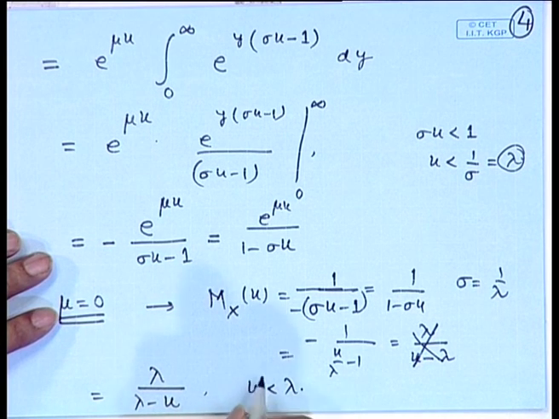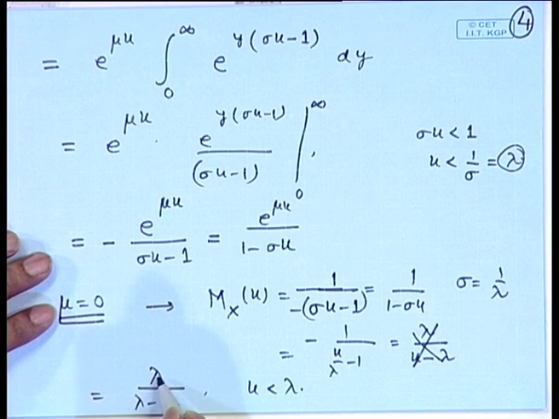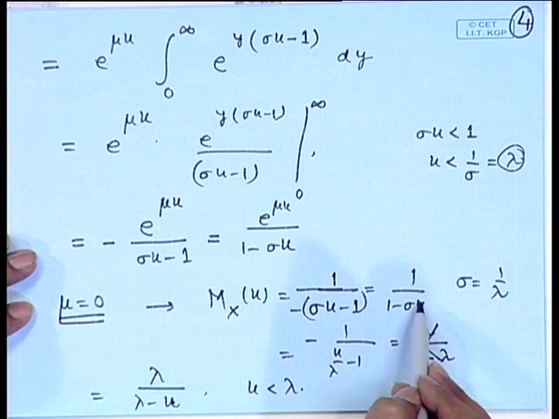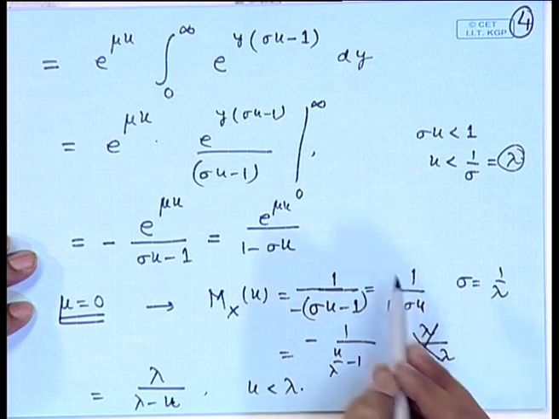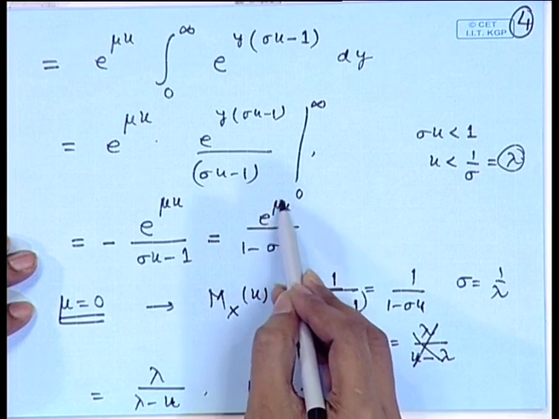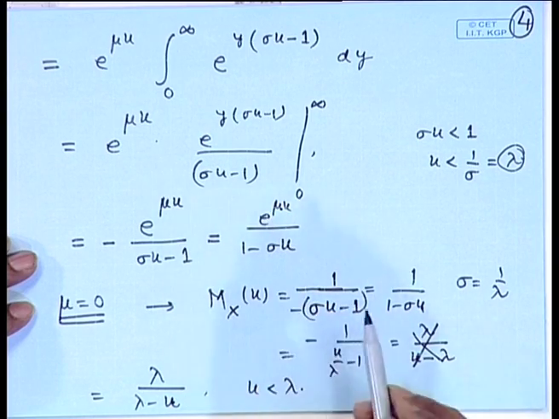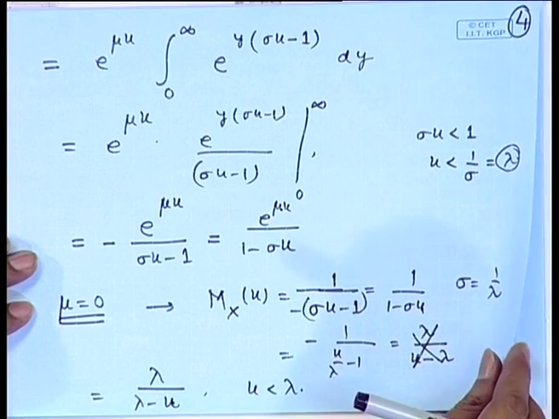So, the moment generating function of an exponential distribution, when we consider the original form, that is waiting time starting from 0, is lambda by (lambda minus u) or 1 by (1 minus sigma u). If we consider starting from mu, then it is e to the power mu u by (1 minus sigma u). So, here we can see the relationship between these exponential distributions.